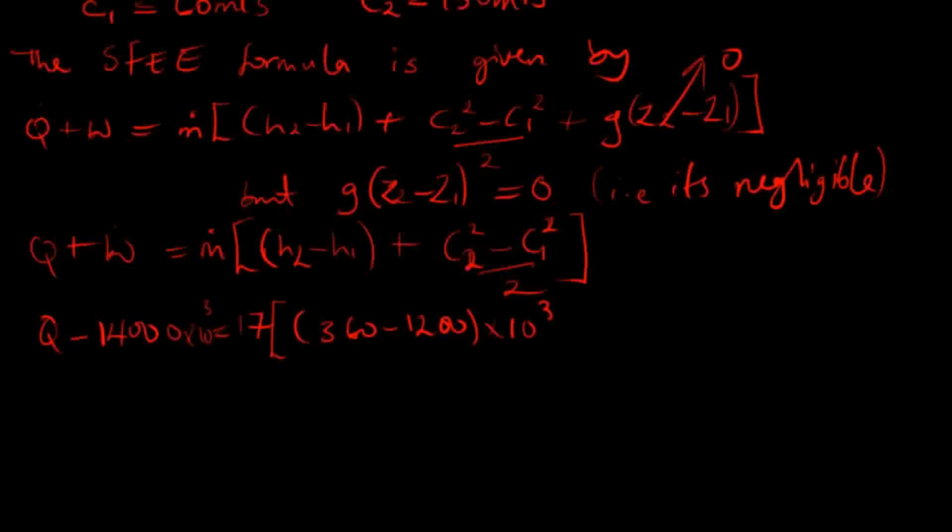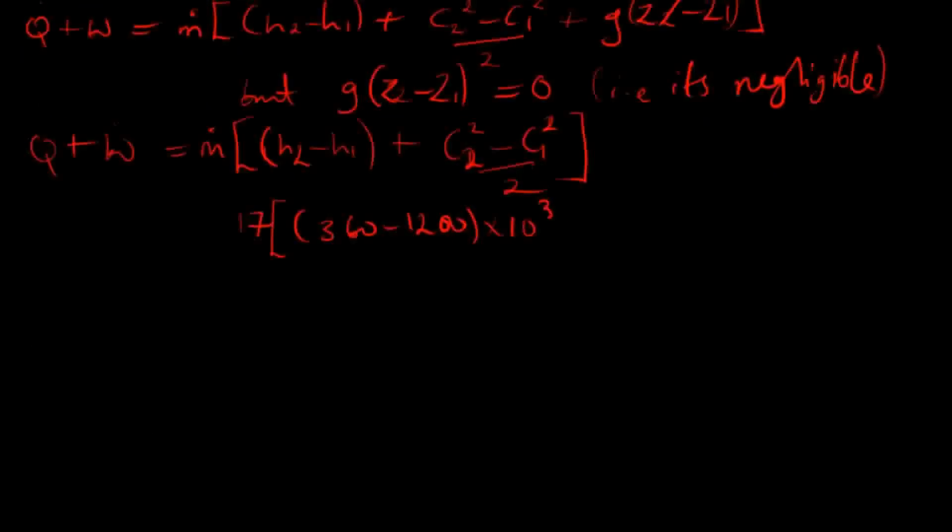This space is too small, so I'll rewrite this, stating that Q minus 14 times 10 raised to the power 3 is equal to this, then plus 1/2 times (150 minus 60) squared.